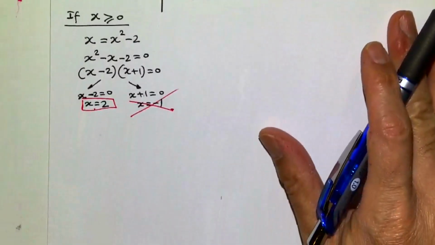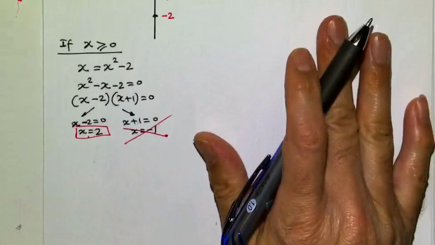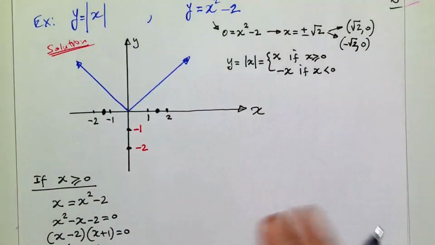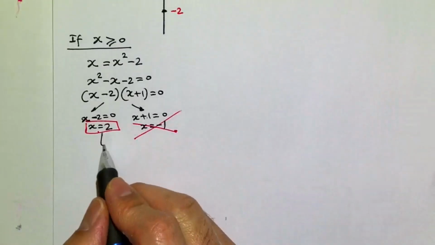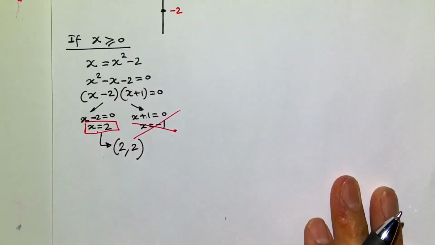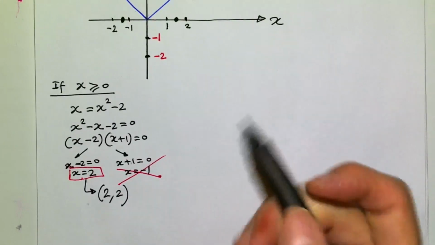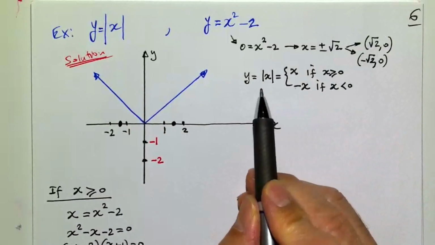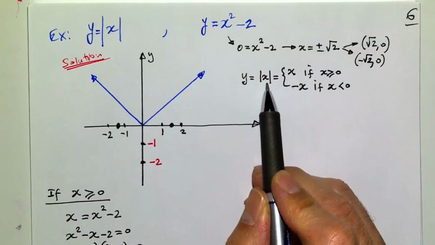So the point of intersection for the curves, on this side, is going to be 2, 2.